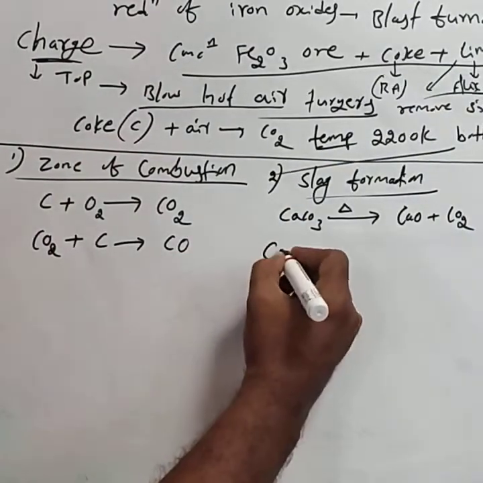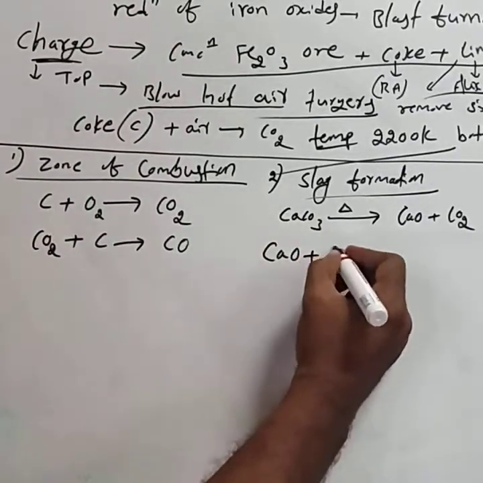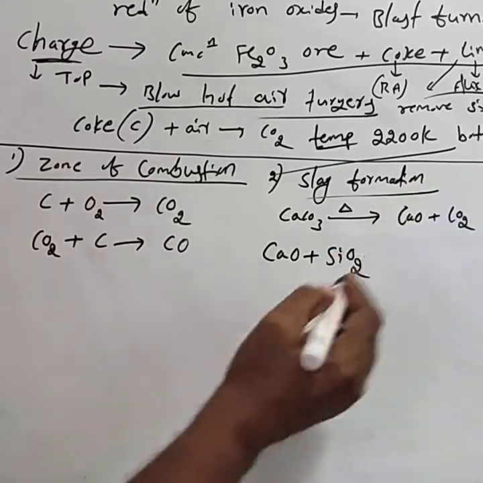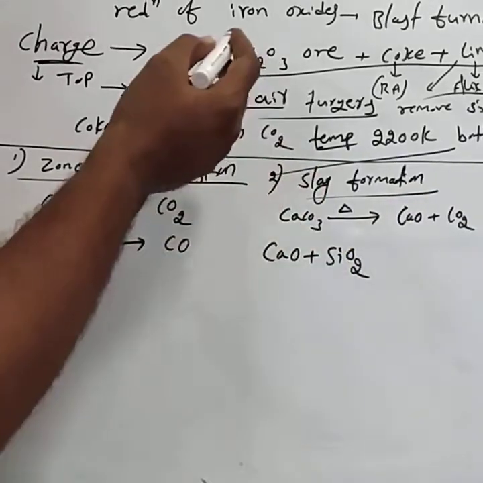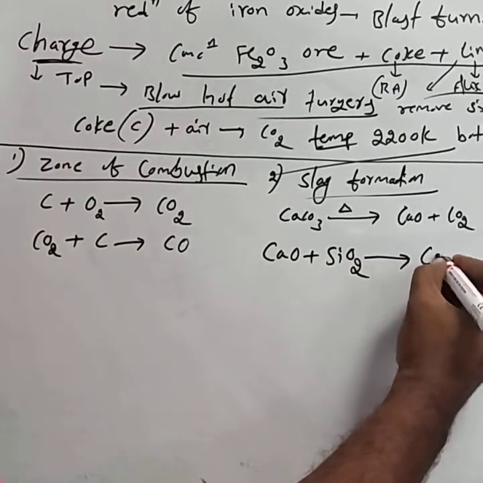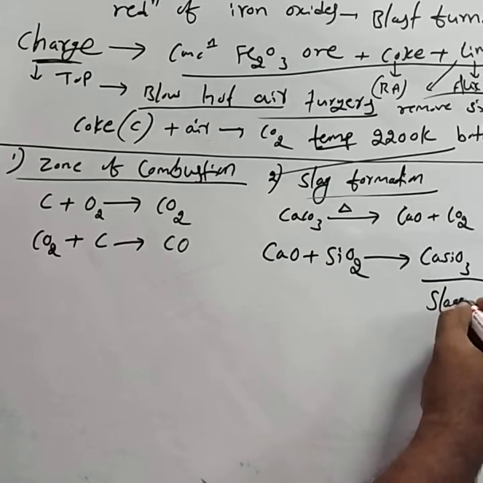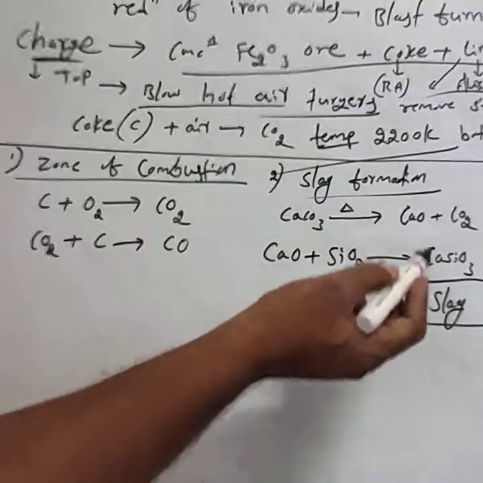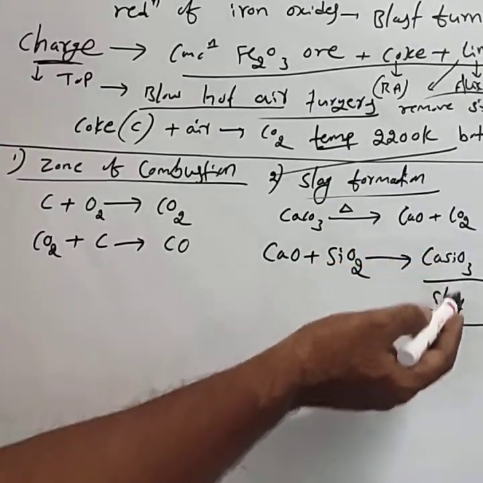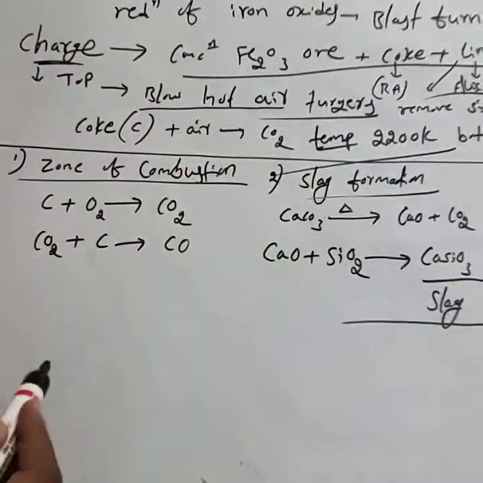The formed CaO, calcium oxide, combines with the silica impurity present in the hematite ore and forms calcium silicate as the slag. The slag formed in the blast furnace is calcium silicate. This is the slag formation.